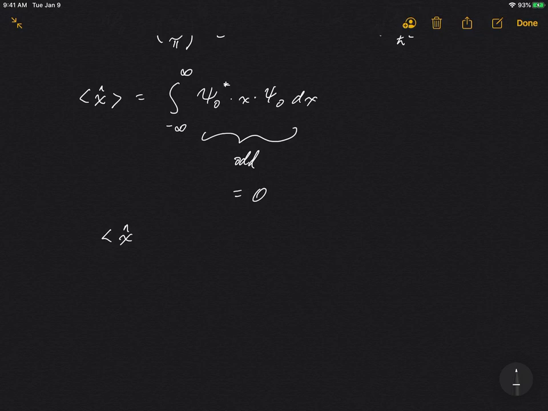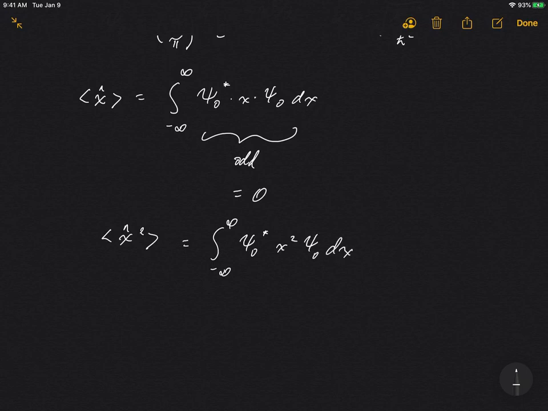If we look at the expectation value for position squared, that's going to be the integral from minus infinity to infinity of psi 0 star x squared psi 0 dx.